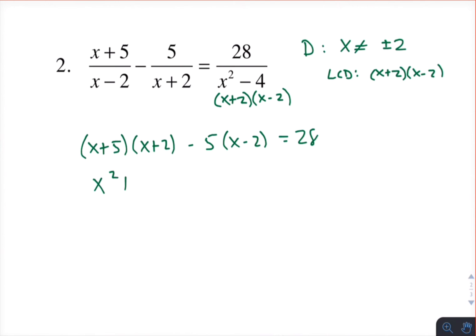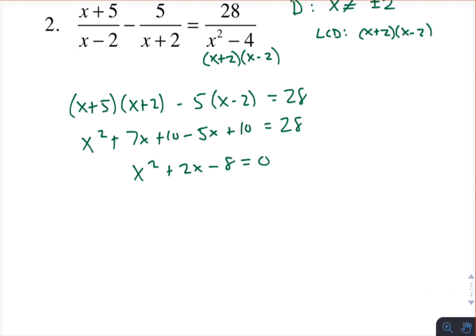So x squared plus 7x plus 10 minus 5x plus 10 equals 28. x squared plus 2x, and then that's going to be a plus 20, and we're going to bring that over, so that's minus 8 equals 0. We can factor.